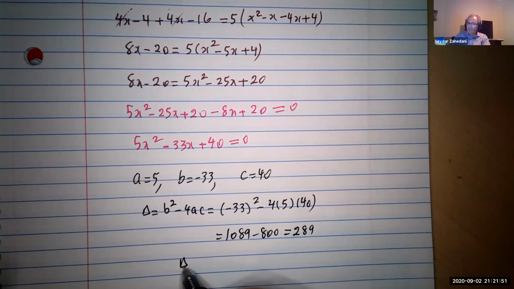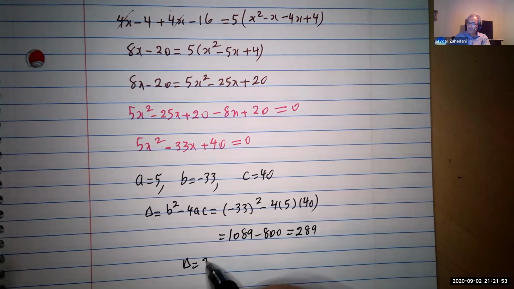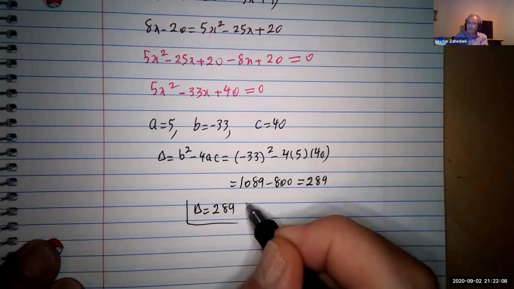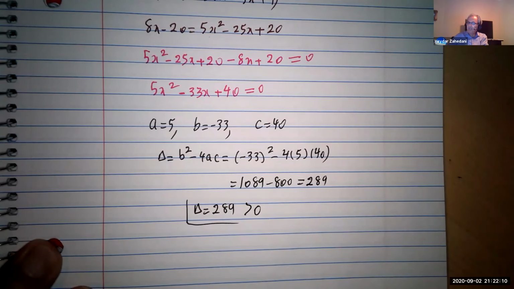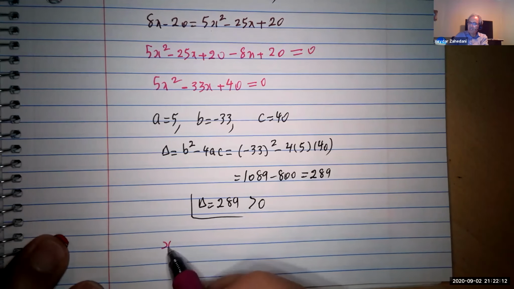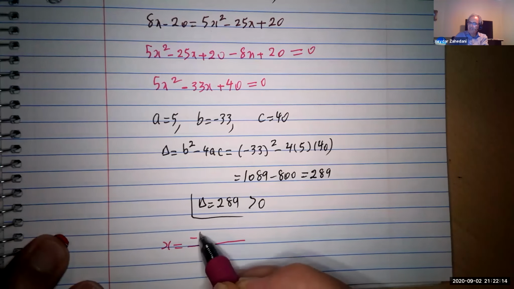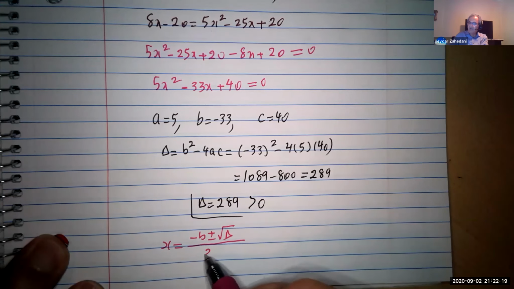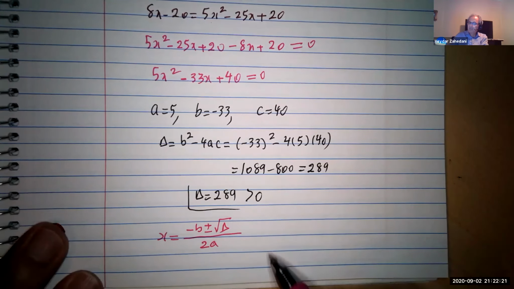So delta is going to be 289. I think it's, let's see if it is 17 times 17. Yes, it's a perfect square. It's 17 squared, so it's a good one. So eventually x is equal to negative b plus or minus radical delta over 2a. You substitute.